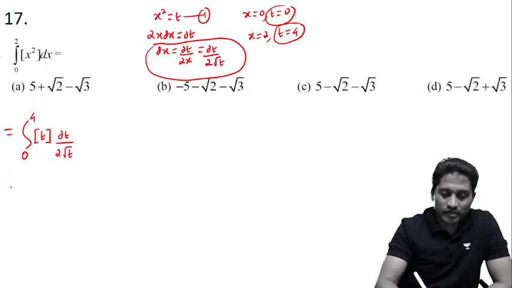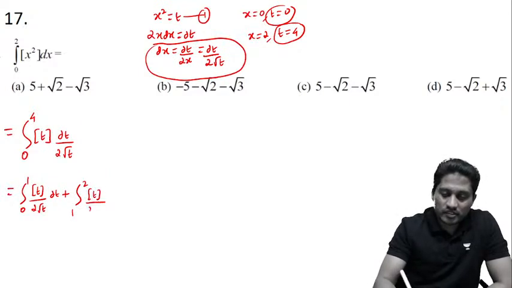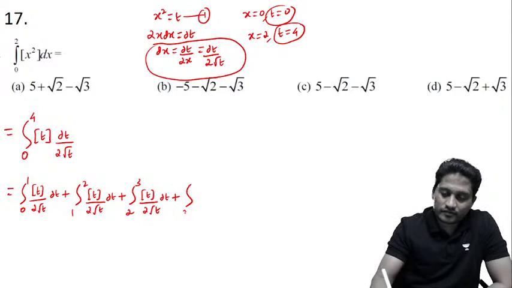Okay, now 0 to 4 can be written as 0 to 1, box t divided by 2 root t dt, plus 1 to 2, box t divided by 2 root t dt, and then you get 2 to 3, box t divided by 2 root t dt, and then you get 3 to 4, box t divided by 2 root t dt.